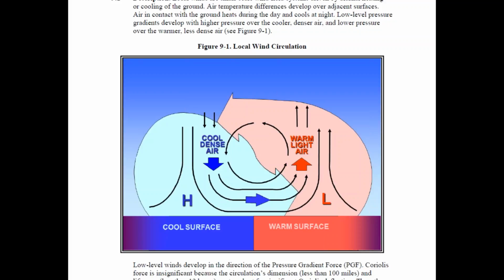The ocean is now warmer than the land because the land cools and heats up so much faster. When the sun goes down, the land cools much faster than the ocean, and it drops below, so you get the exact reverse effect: the wind now blows out to sea at night, and then changes back in the morning once it starts warming up.